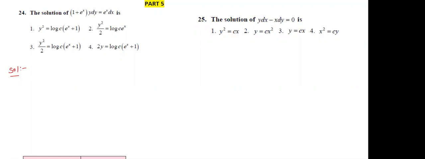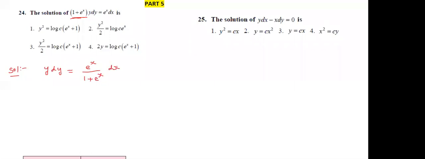1 plus e power x into y dy is equal to e power x dx. So 1 plus e power x, send to the right hand side. The remaining I am writing: y dy is equal to e power x by 1 plus e power x dx.